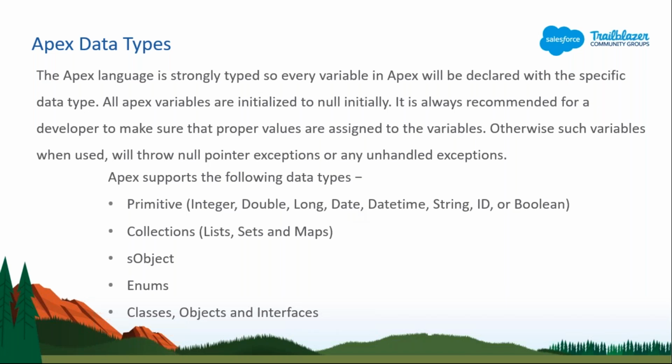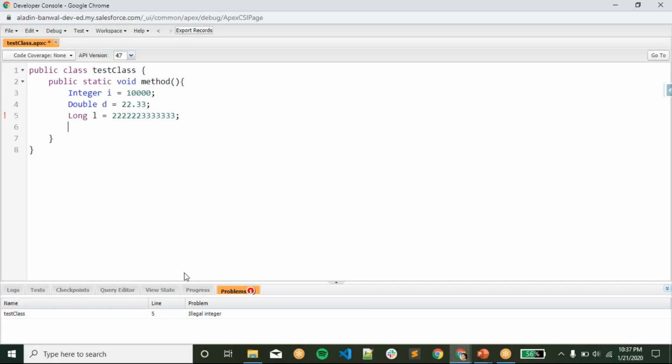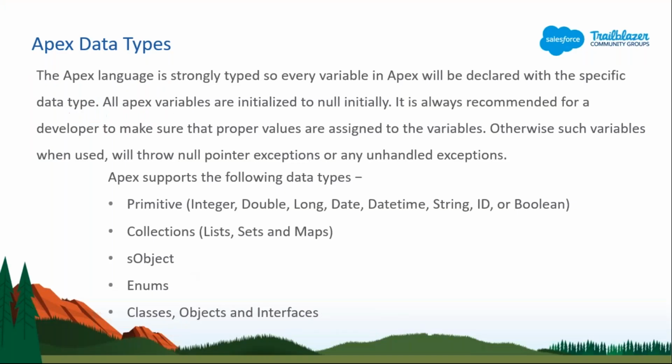Date will have the date, we can say date is equal to today's date, or we can write it in text also, like 11/11/2000. So this kind of thing we can write in date. This will be the date time, so it will have the time also. String is the same, like string text. ID I have already mentioned. Boolean is a true or false value.